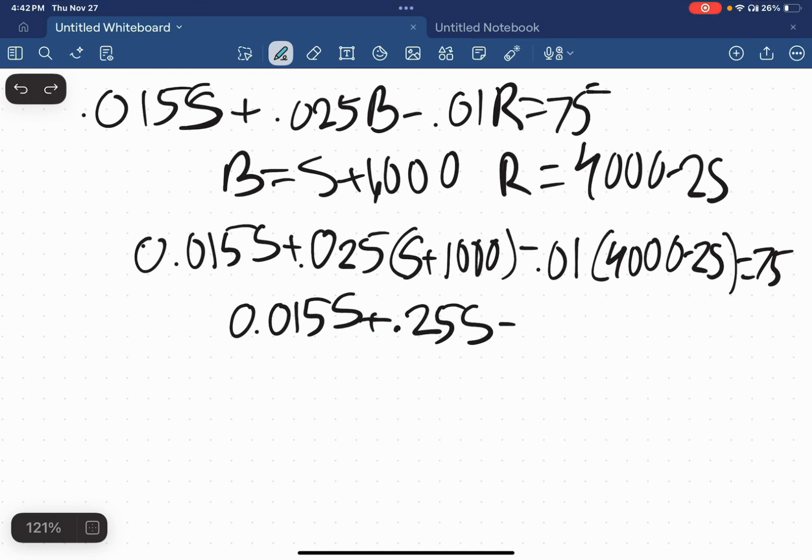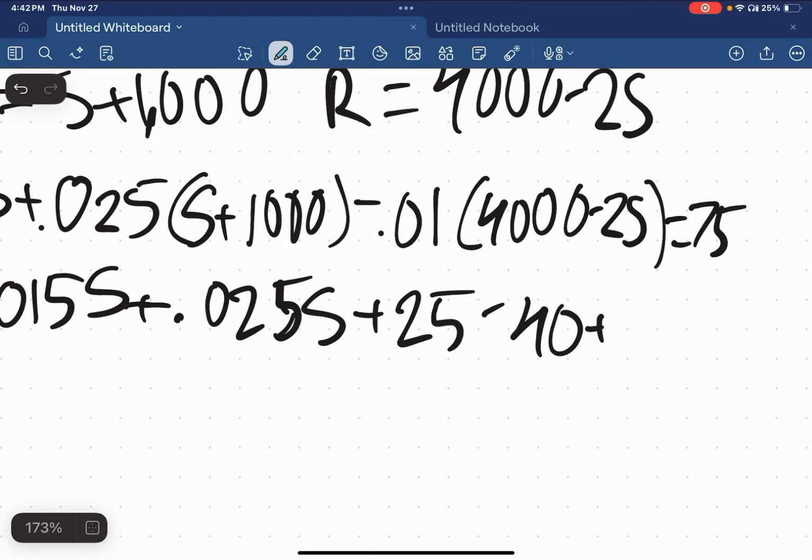It's supposed to be 0.015 S plus 0.025 S plus 25, minus 40 plus 0.02 S, which is equal to 75.